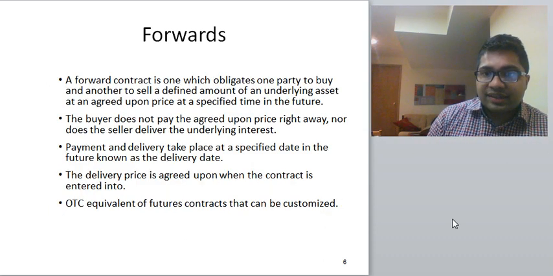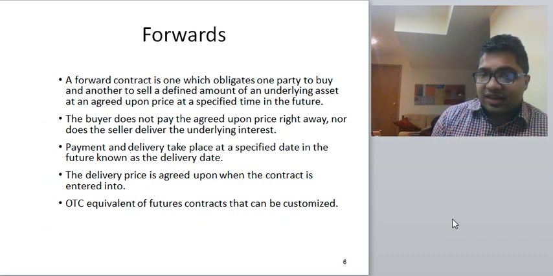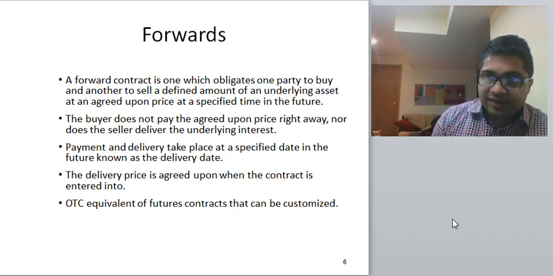A forward contract is one which obligates one party to buy and another one to sell a defined amount of underlying asset at an agreed upon price at a specified time in future. The buyer does not pay the agreed upon price right away, nor does the seller deliver right away. They both do it in future.